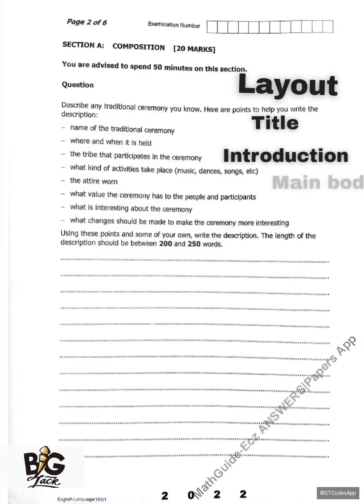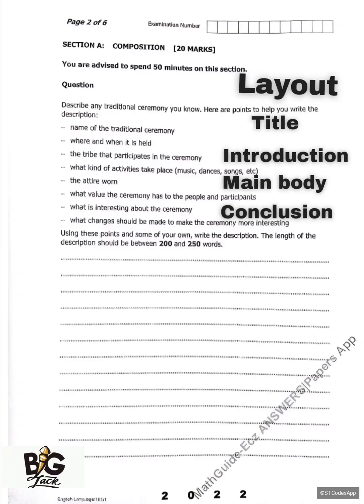In the main body, you explain what you were introducing in the introduction. Then the last thing is the conclusion. On the part of the conclusion, you need to give the emphasis.